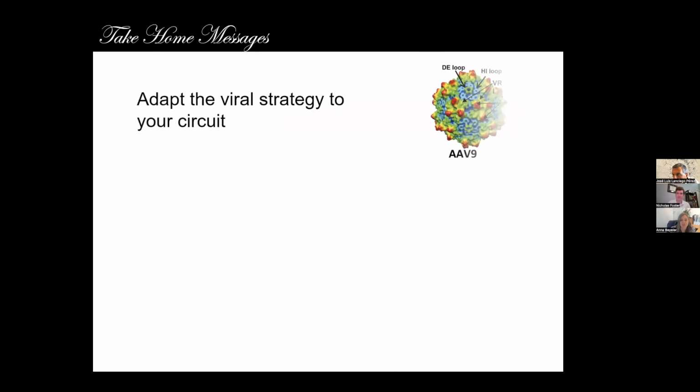Okay, so if I can give you take-home messages, I would say that first, you need to adapt your viral strategy specifically to your circuit. So try to read the literature to see if other people have already tried to map these circuits, and otherwise you need to test different serotypes and strategies. And why not combine with retrograde tracers?